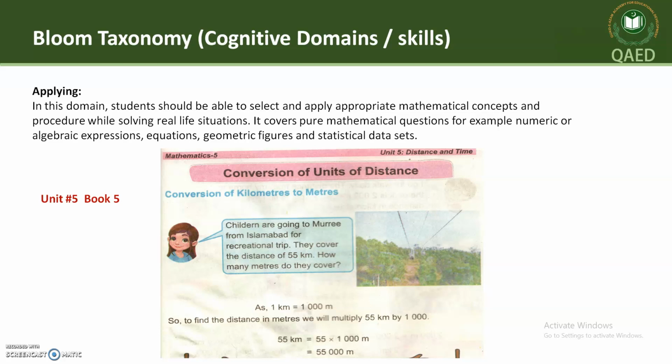First, when we solve the question with understanding and we take a result like 1 kilometer is 1000 meters, to find the distance in meters we will multiply 55 kilometers by 1000. 55 kilometers is equal to 55 into 1000 meters, which is 55,000 meters.